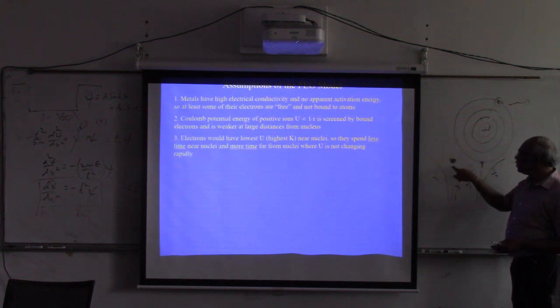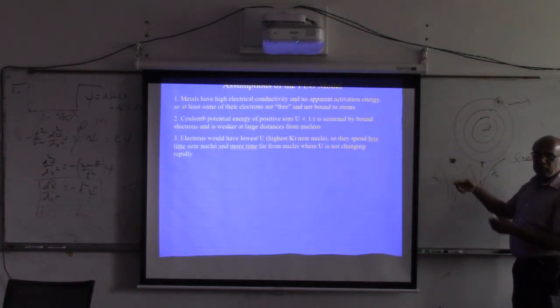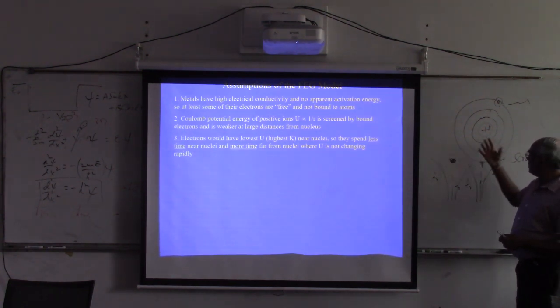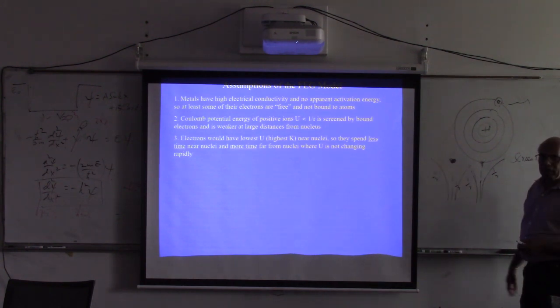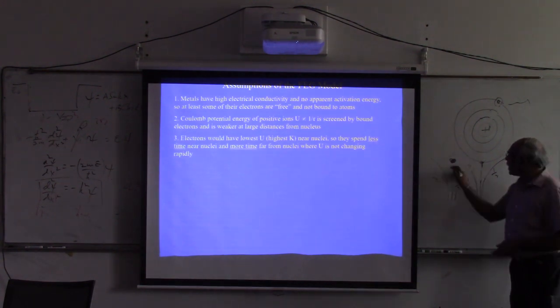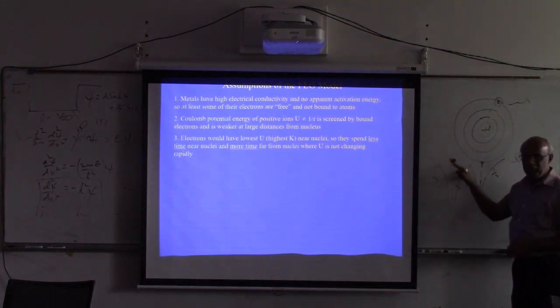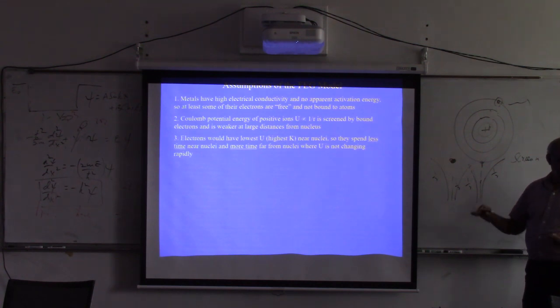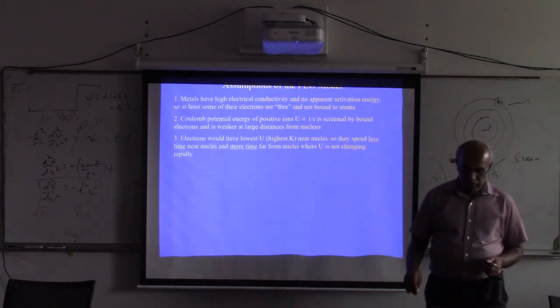So you can make that argument strong. If it spends more time here, then you cannot neglect that interaction. But if it stays a very short time, the interaction can be neglected.